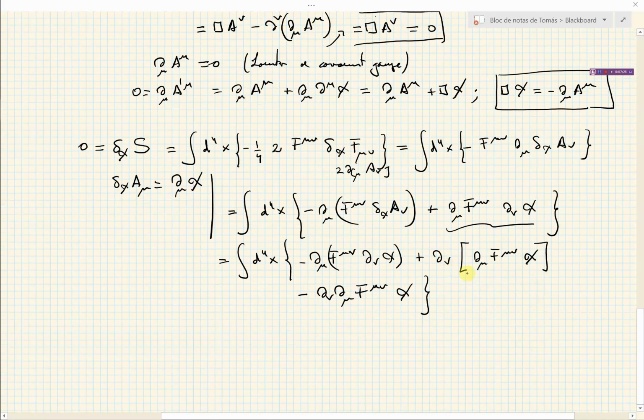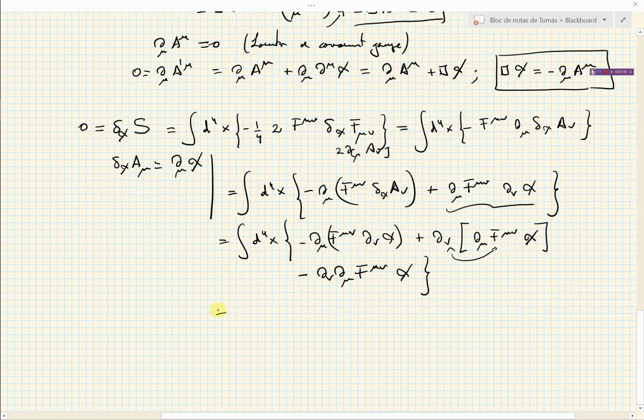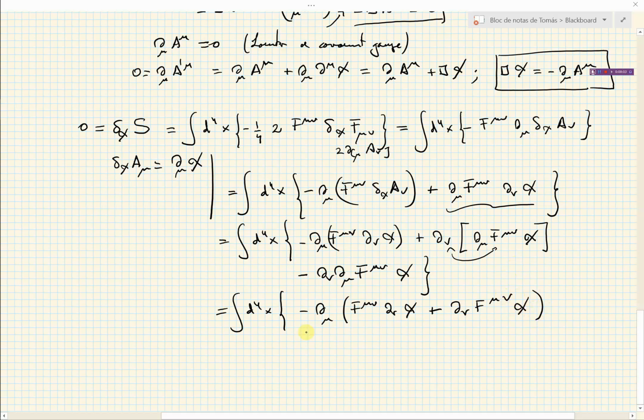If I interchange mu and nu, then up to a sign I get minus partial mu, and then I have F mu nu partial nu chi plus partial nu F mu nu chi minus partial mu F mu nu chi.